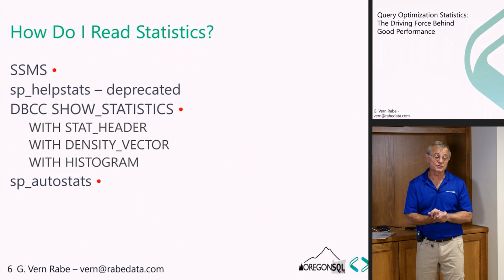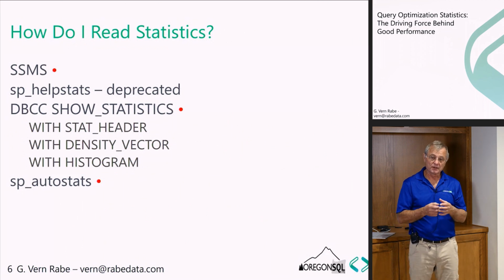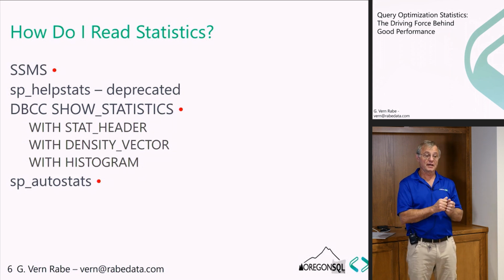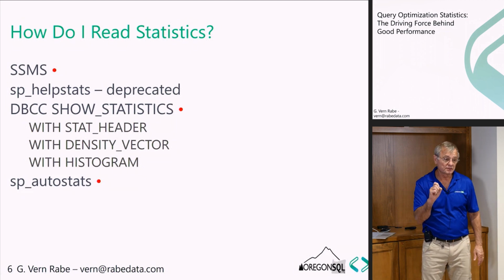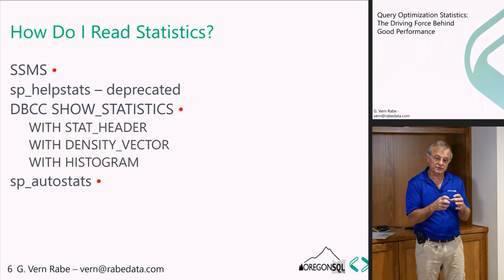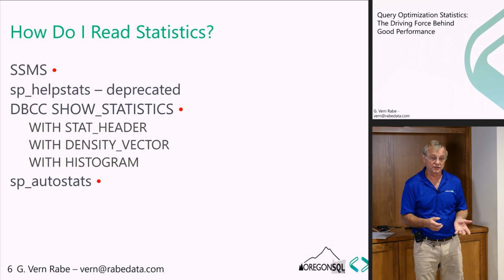Okay, SP Autostats. I had mentioned that by default, if you submit a query where a predicate references a column for which a statistic object doesn't exist, by default, the statistics will get created. So the SP Autostats, I think I stated that once statistics are created, they're not updated with every update to the table.